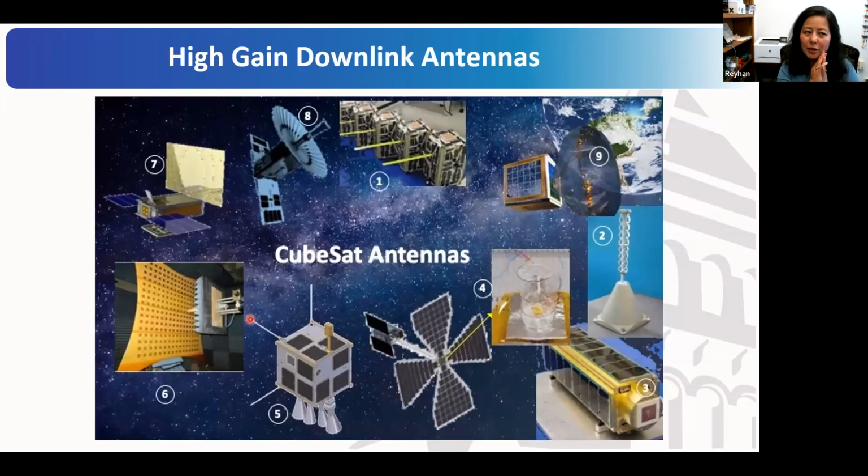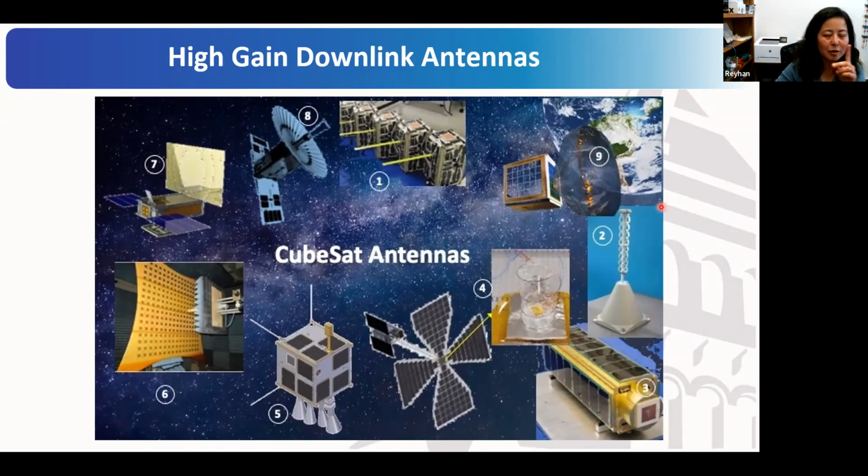Okay, a minute ago I talked about uplink antenna has to be omnidirectional antenna, and then I said downlink, higher gain, more directive is good. We can go higher frequency for more bandwidth. More bandwidth means higher data rate. So that gives us more space to work with. So for downlink, we want high gain antennas.